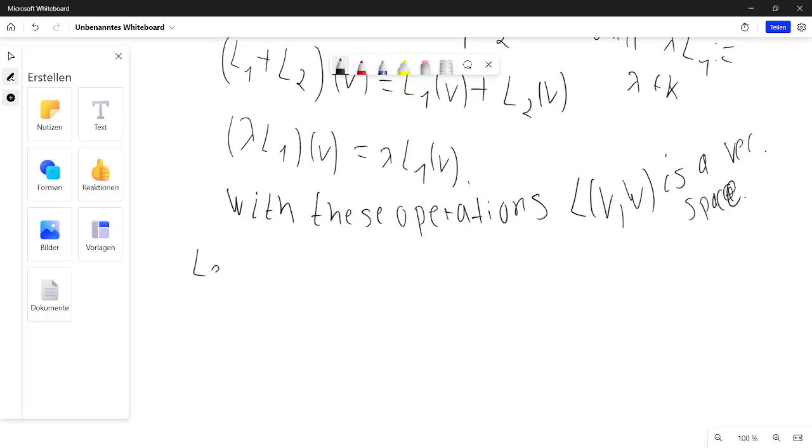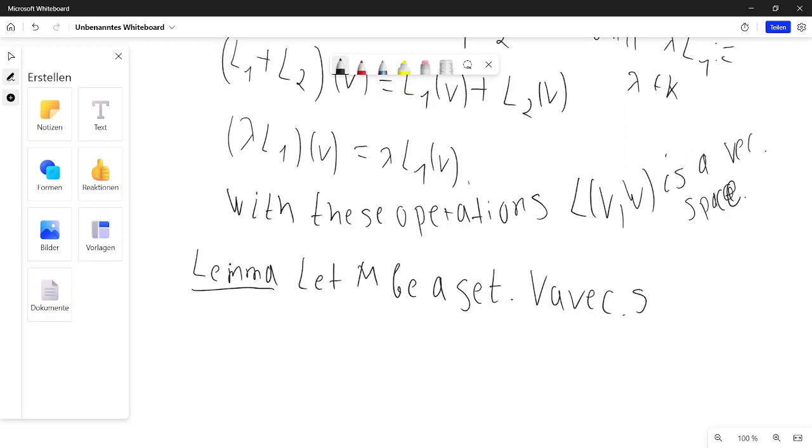Let's do a lemma. Let M be a set, V a vector space, then curly M, defined as just all V-valued functions, all V-valued functions.